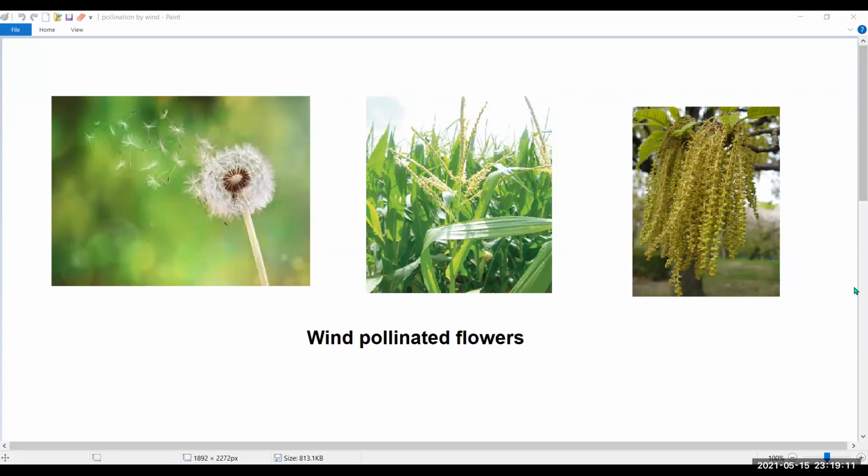The pollen grains are produced in a large quantity. Since a large number of them may not reach the stigma of a flower, the style projects out and has a large feathery stigma so that the pollen grains flying in the wind can be easily received.